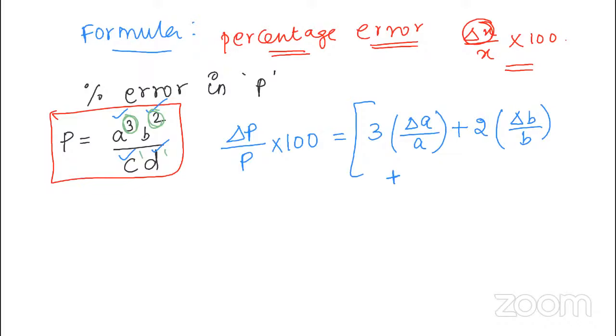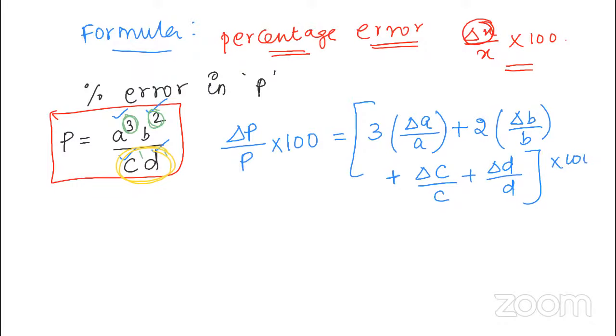So division ல இருக்கிற இந்த CD நம்ம எப்படி எழுதுறோம் percentage error ஓட formula ல, that is delta c divide by c plus delta d divide by d, okay, into 100.